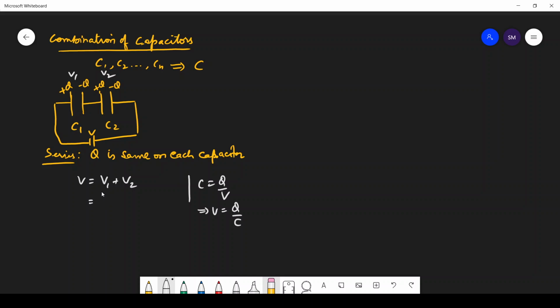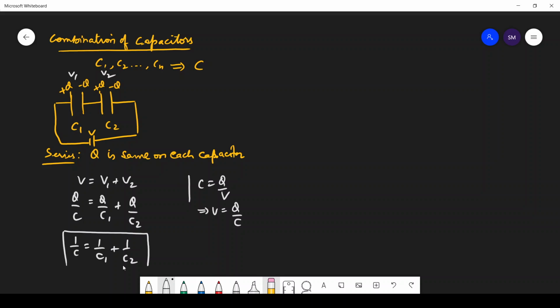So what will be the value of V1? V1 is equal to Q by C1, V2 is equal to Q by C2, and V is equal to Q by C. Now this comes out to be 1 by C is equal to 1 by C1 plus 1 by C2.